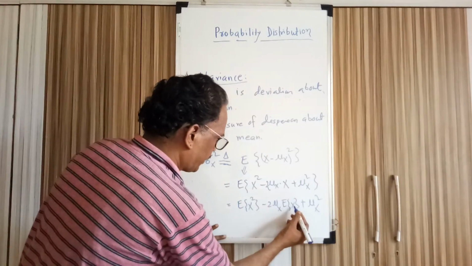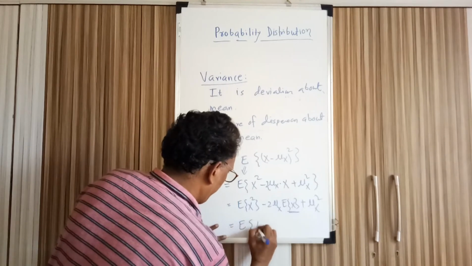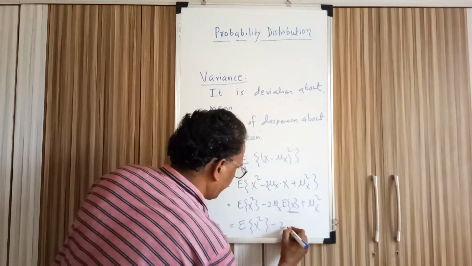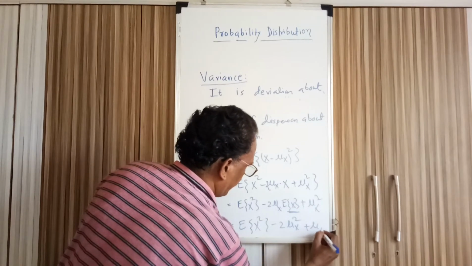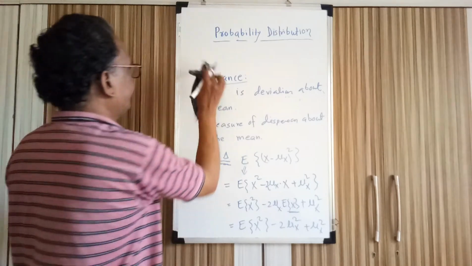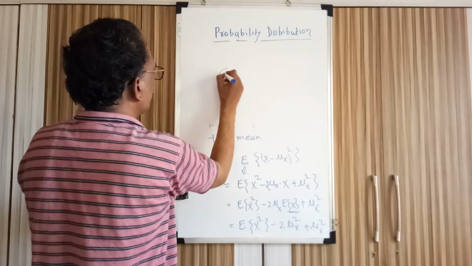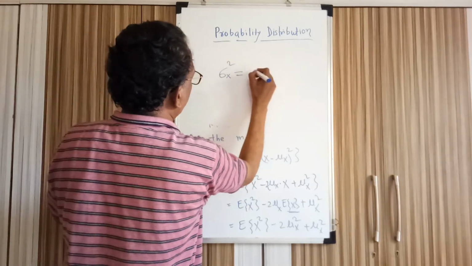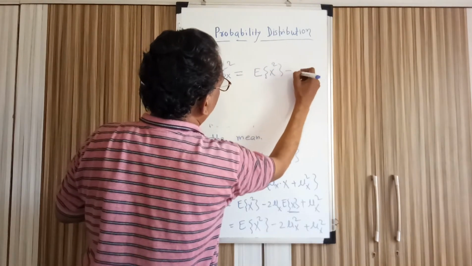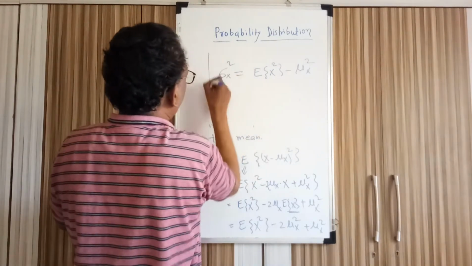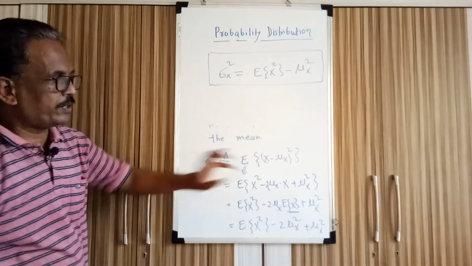So we get expected value of x square minus 2 mu x square plus mu x square. What we get here is that variance can also be written as expected value of x square minus mean square. So this is the formula which you can use, or you can use the earlier formula.